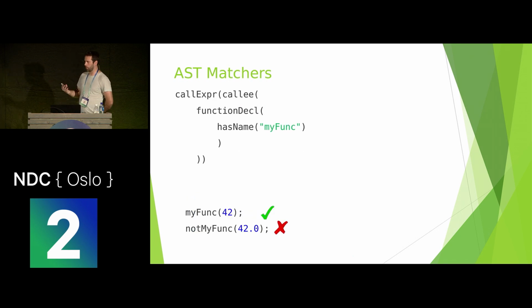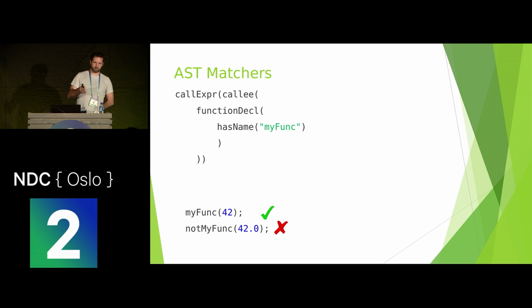But that was just function declarations. If we want to match on certain call expressions, we need to use the callExpr AST matcher. And we map that to a function with the callee matcher. And you might be thinking, how would I discover that? We'll get to that later.